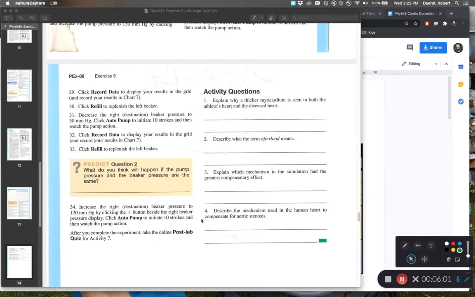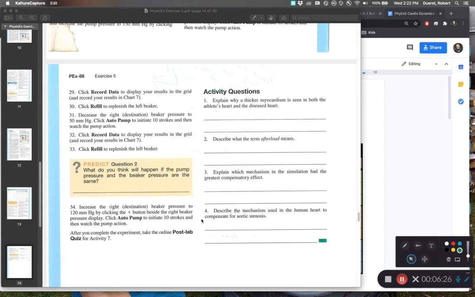Question number 4. Describe the mechanism used in the human heart to compensate for aortic stenosis. In our own human hearts, we have increased contractile force. Our heart will contract with more force to push blood past that partial blockage so that cardiac output can be maintained.